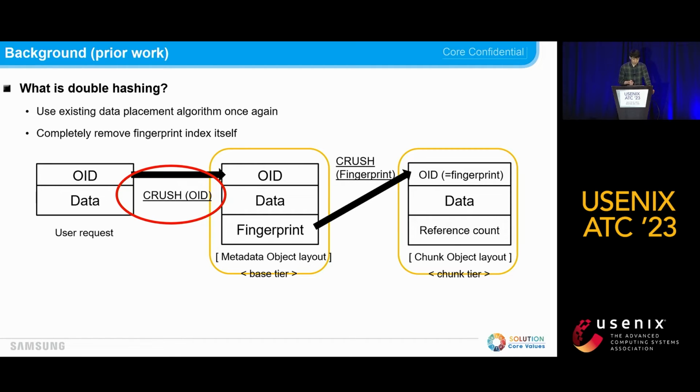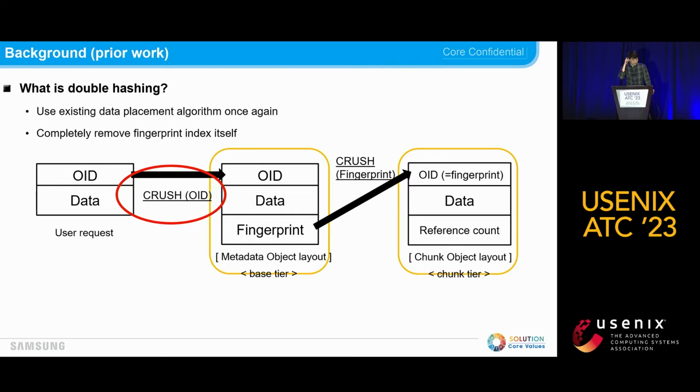This idea is the fundamental idea of TiDedup, so I'm going to explain this briefly first. Let's assume deduplication is done. Users submit their IOs as usual with the OID and data.